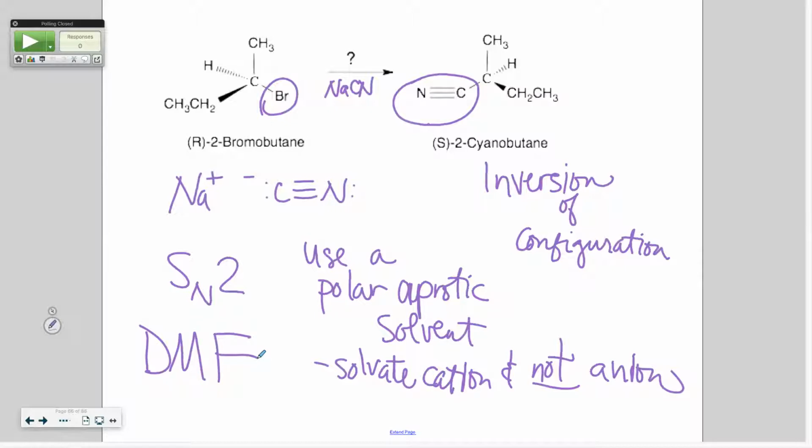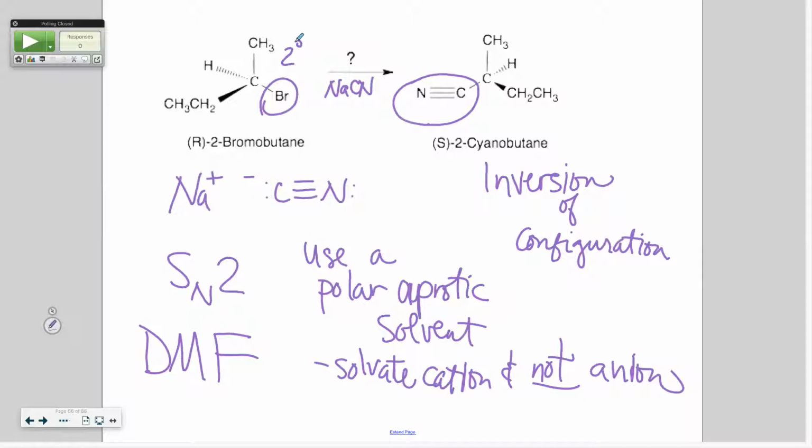So if you put this in DMF, it makes the cyanide ion even more reactive. So you are less likely to form a carbocation. Okay, so what kind of carbon is that one there? Primary, secondary, or tertiary? It's secondary. It's the one that's in between. If it's tertiary, you can't do SN2 on tertiary.